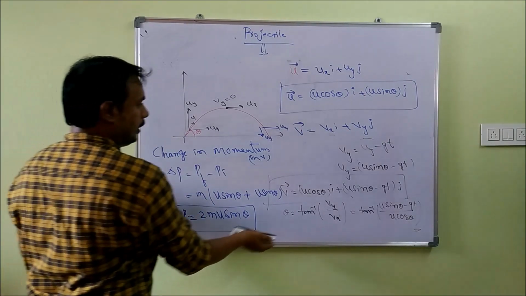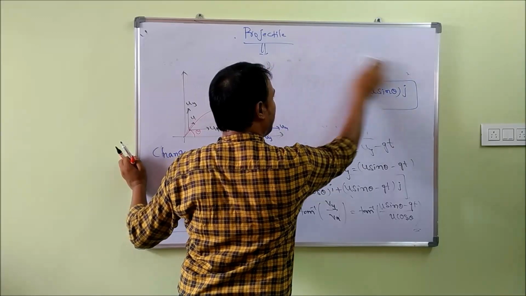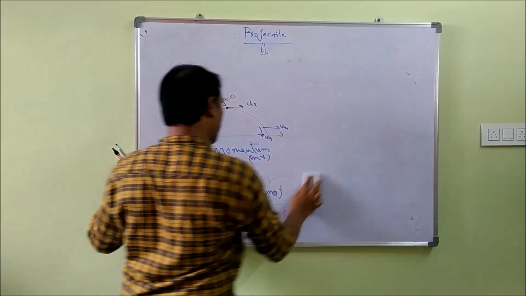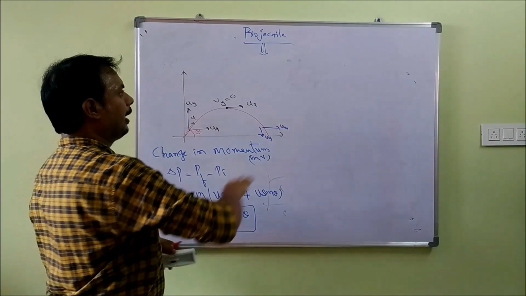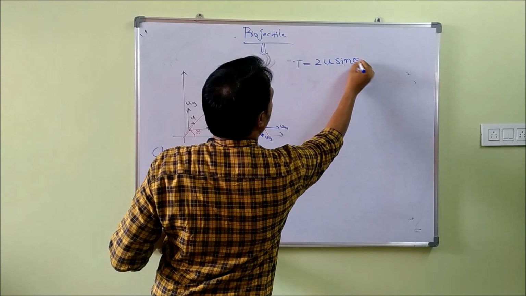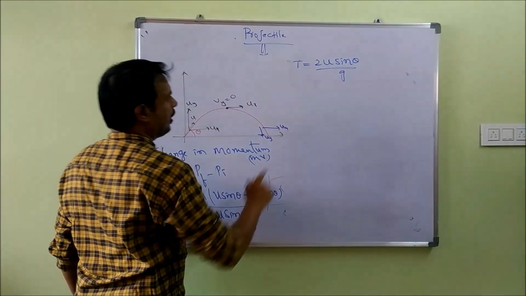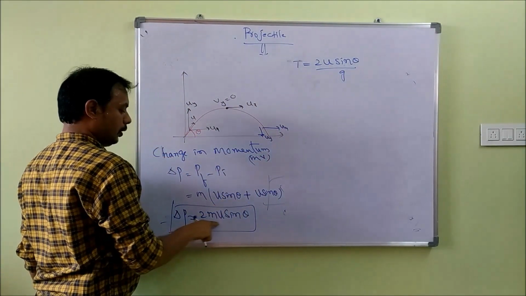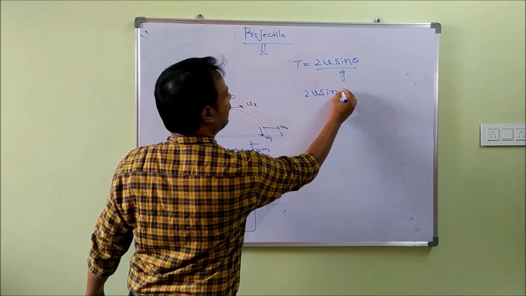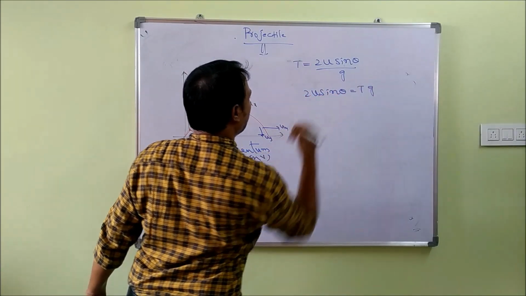Sometimes the change in momentum will be given in terms of time of flight t. Then what happens? From the time of flight equation, we know that t equals 2u sin theta by g. So 2u sin theta becomes t into g.